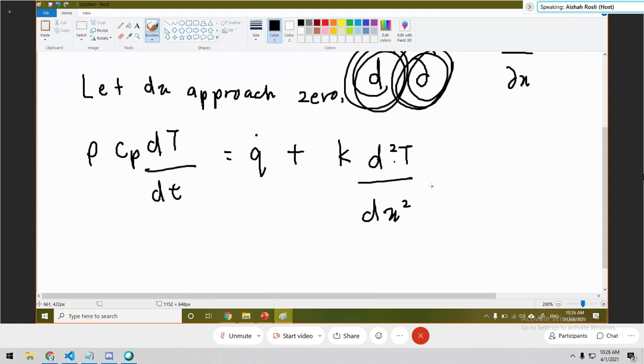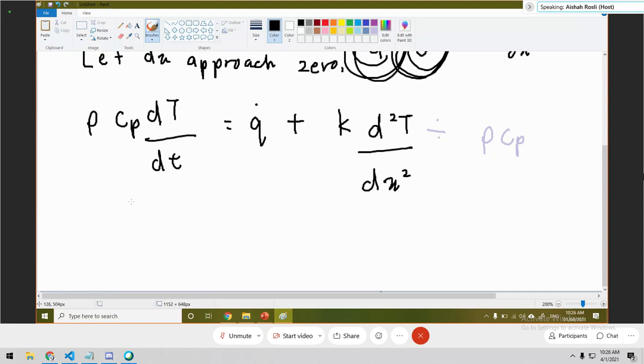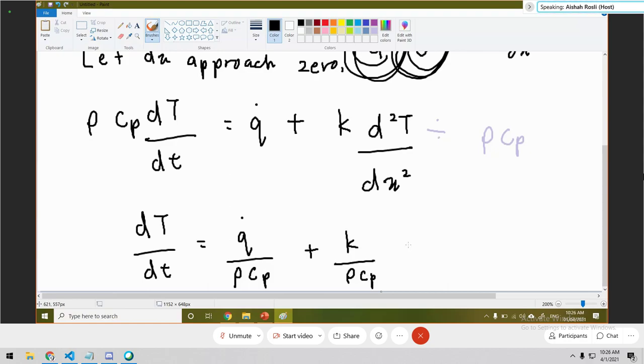Okay, so if we divide all of this by rho Cp, you will get dT over dt, the temperature over time, equals q divided by rho Cp plus k over rho Cp times d squared T over dx squared.